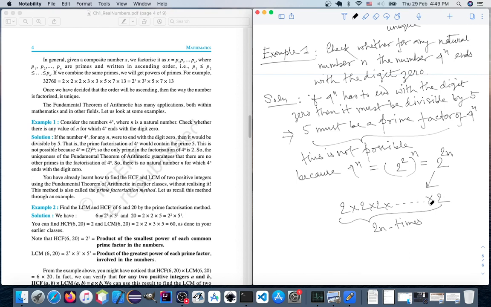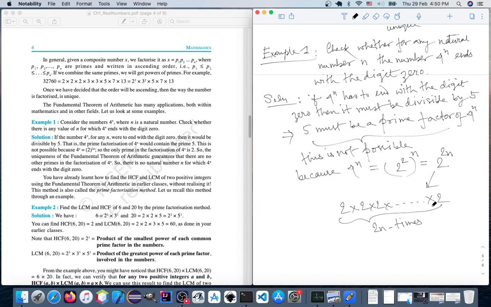But we know that for the number 4 to the power n, if it has to end with the digit 0, it must be divisible by 5, which means that 5 should be a prime factor of 4 to the power n. But to the contradiction, we are seeing that 2 is the only prime factor of 4 to the power n.